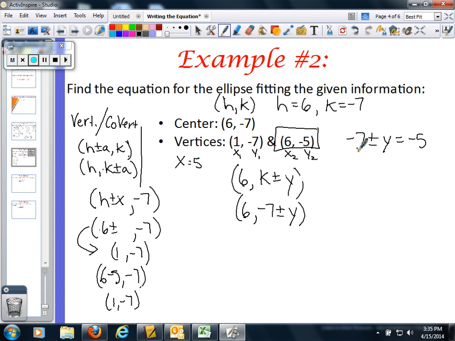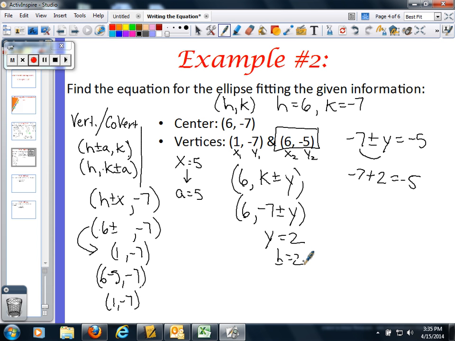Well, the only way to go from negative 7 to negative 5 is if I say negative 7 plus 2, and that's going to give me negative 5. Okay, so that means that this y value then is 2. So whichever one of these is bigger is going to be your a. So that means, based on this, that a is 5 and b is 2.